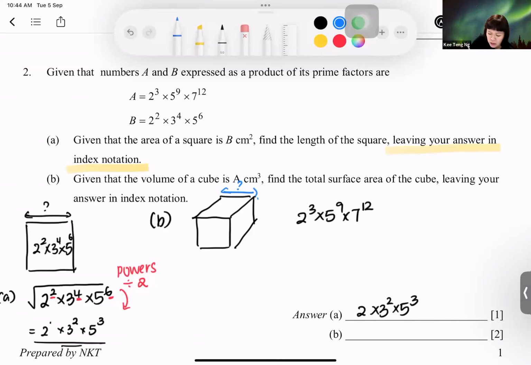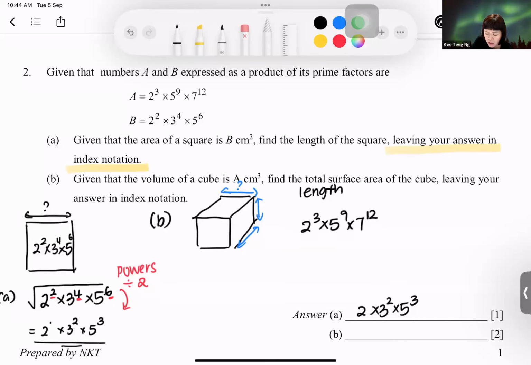You notice that for a cube, the length, base, height, all these are the same. This is the volume, right? I want to find the length of only one side. I need to take the cube root.